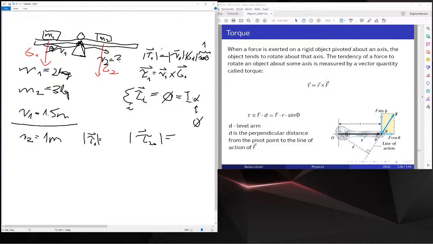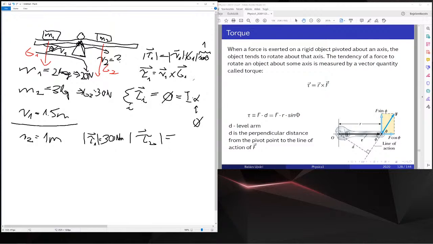So the magnitude of the tau vector is the length of the position and the length of the force. The force G1 is 20 Newton, and of course G2 is 30 Newton. 1.5 meters times 20 Newton is 30 Newton meter.